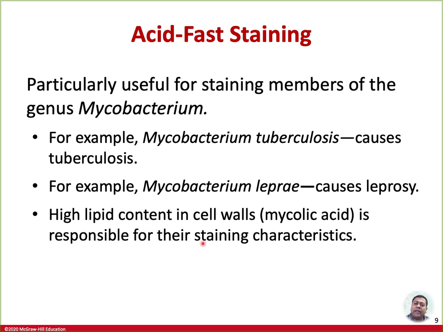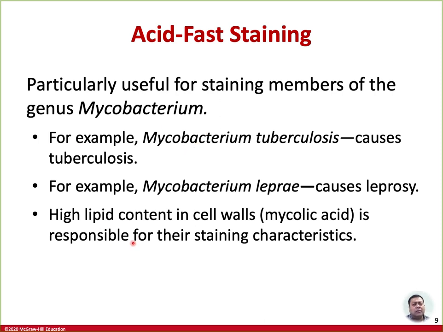Usually, the wetting agent used is called tergitol. Along with the phenol and the carbol fuchsin, we use this tergitol. It drives the stain into the mycobacterial cells. Without this, it is impossible for any dye to penetrate this high lipid structure.